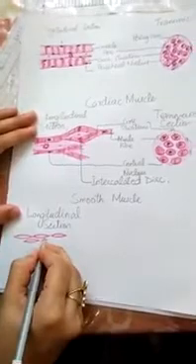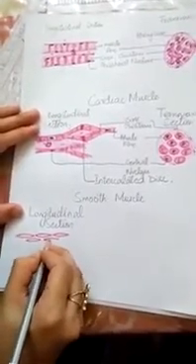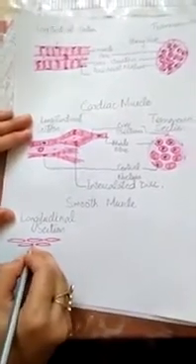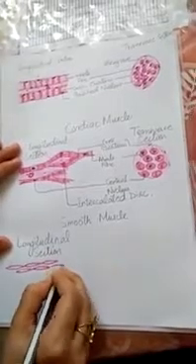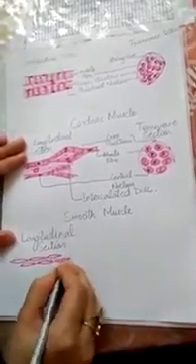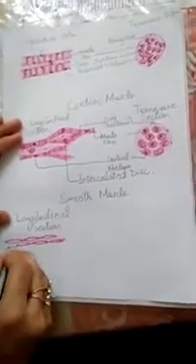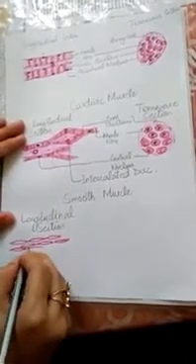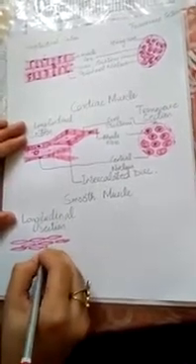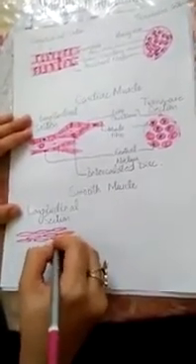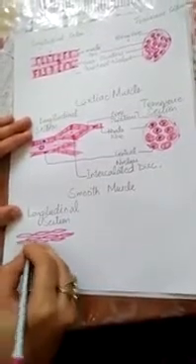One tapering end of the smooth muscle lies adjacent to the other tapering end, closely packed. And in the next layer, you will draw alternating like this, so that above the tapering end, the bulging end lies.